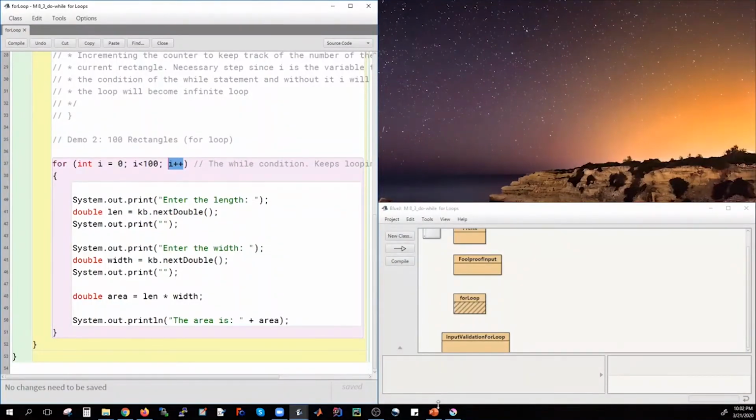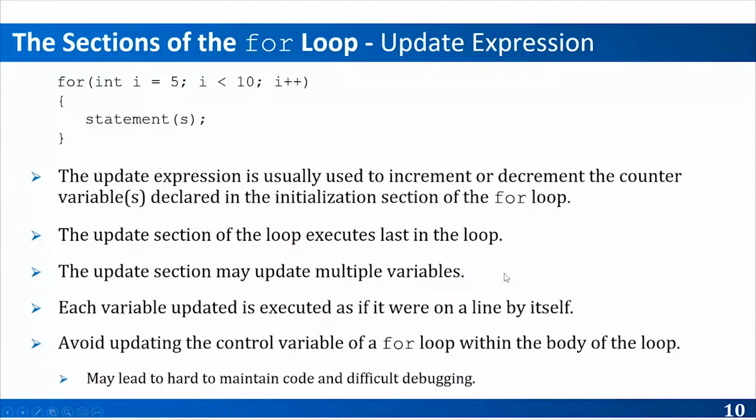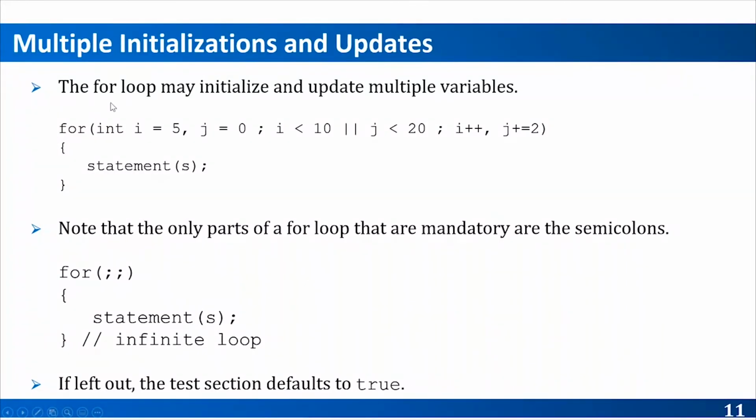Now let's go back to the slides and cover a couple of other special cases, as we said. Here, as we said, a for loop can initialize multiple counters. So here, I is equal to 5, I is equal to 0, j is equal to 0.